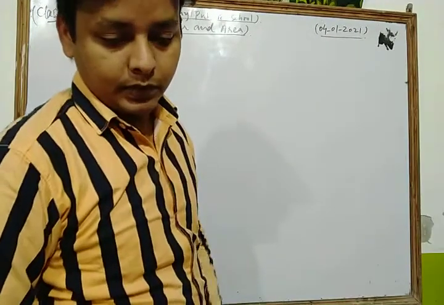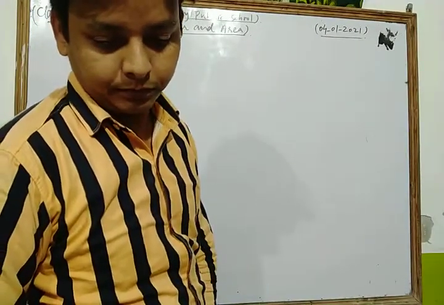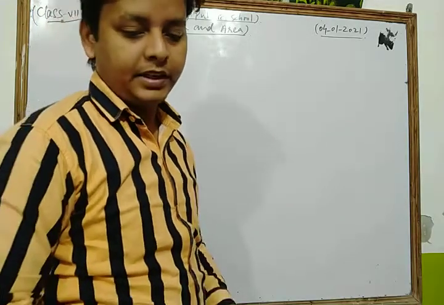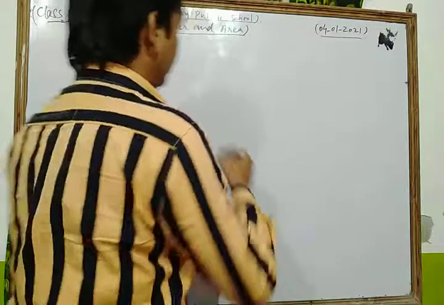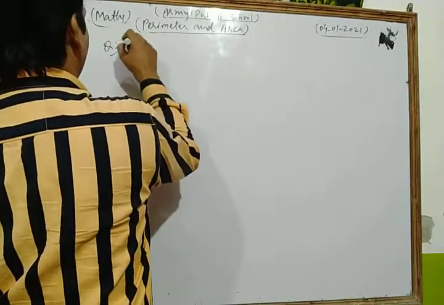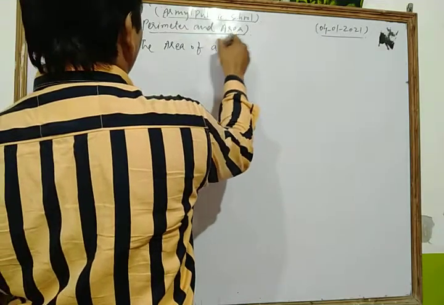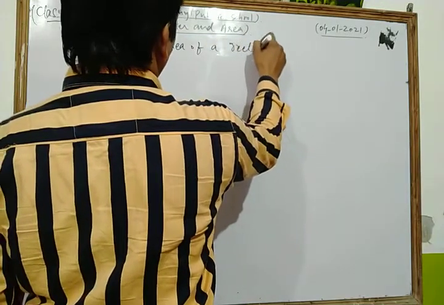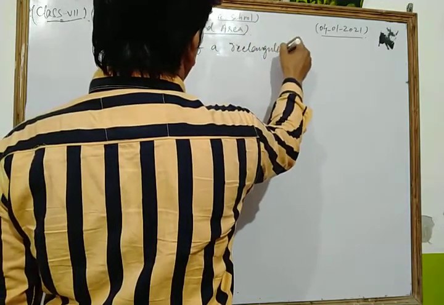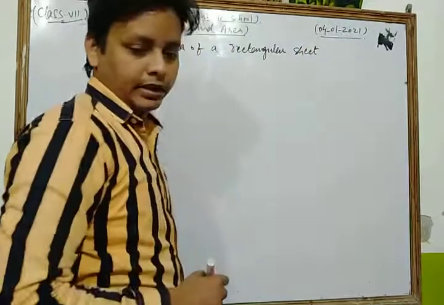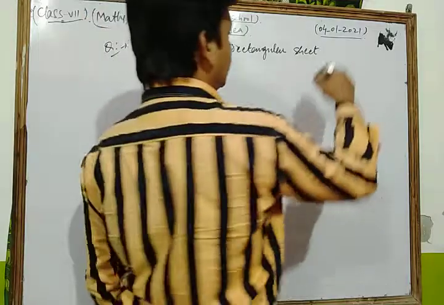We take a very important question. The area of a rectangular sheet is 500 centimeter square.